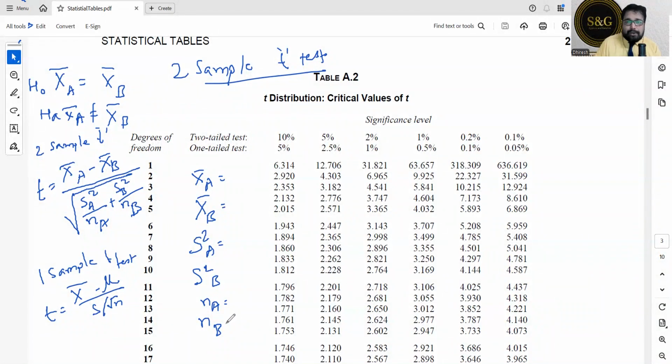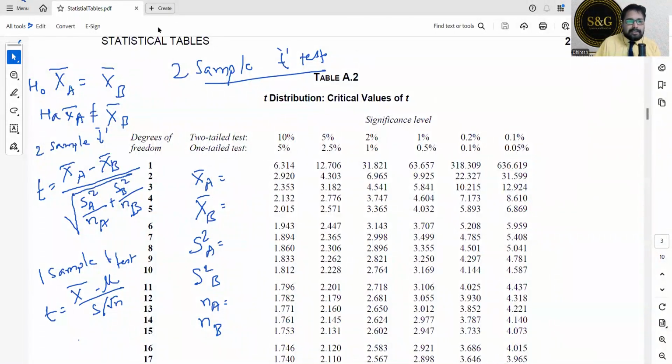So let's calculate this two sample t-test. Open your Minitab software again. We will do it with the help of Minitab now. Open the same data file, that is also okay.